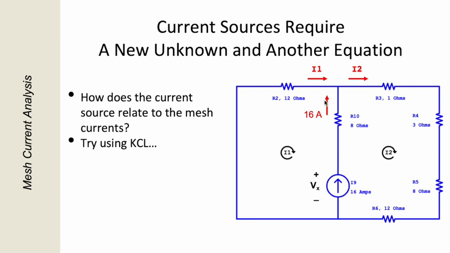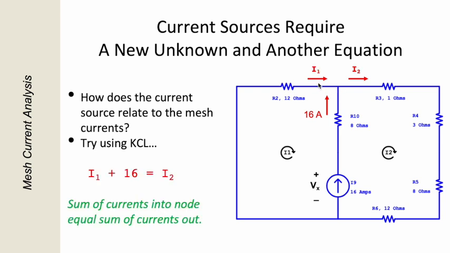So what we could do is go to a T intersection here, a node that includes both the mesh currents in the meshes that are on this shared branch, as well as this wire coming up that includes the current from the current source itself. Okay, so consider doing KCL right at that node there.